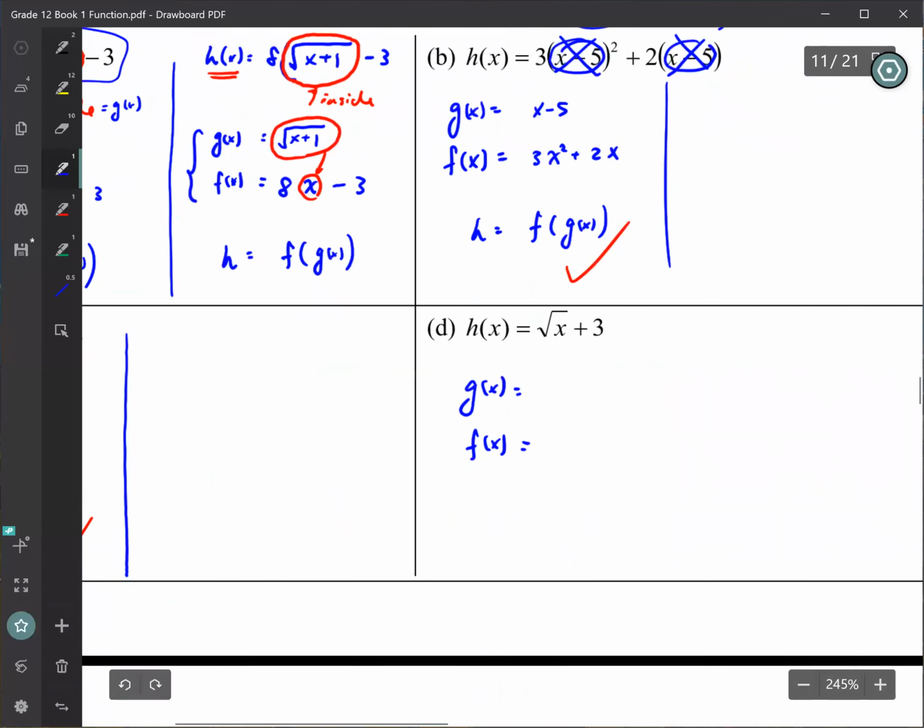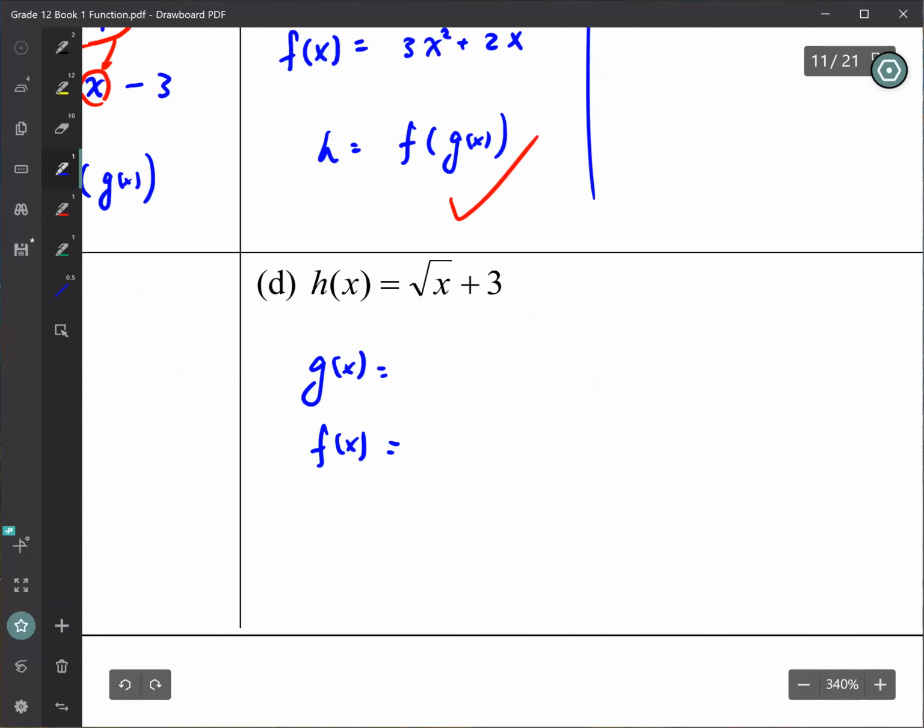So for example, D, what do you want to choose to be the inside? X. Okay, x, Vicky already chose that, right? Because if I use x as the inside, and then we're gonna replace with x, it will look the same as before. So we want to do something so it's different, okay? Can you think of a different choice? Other than just x, okay?